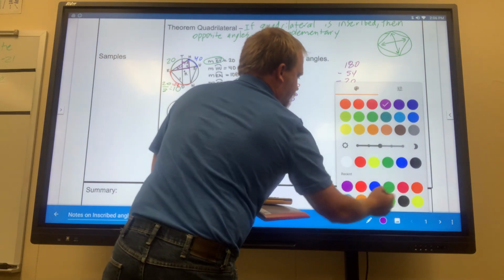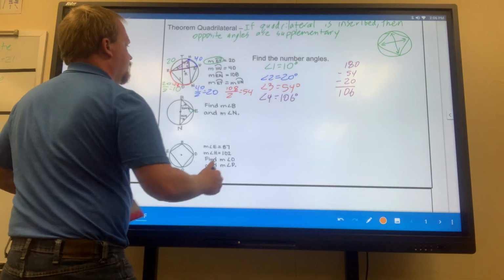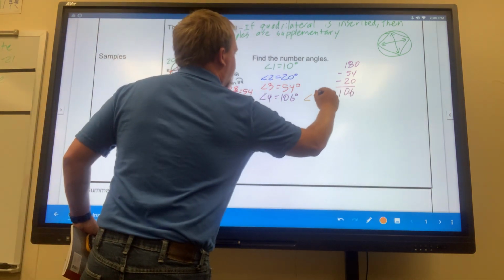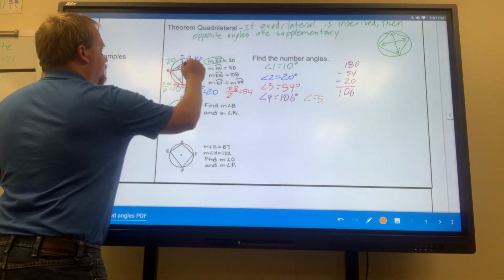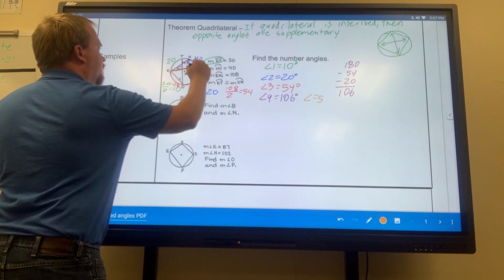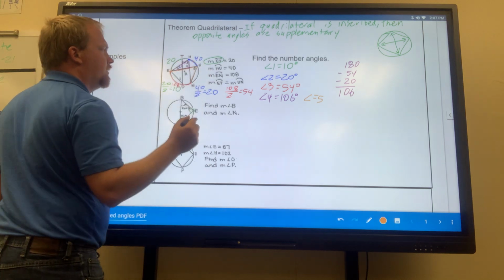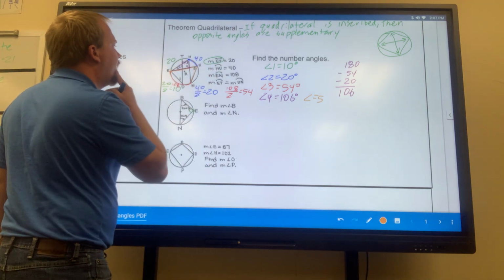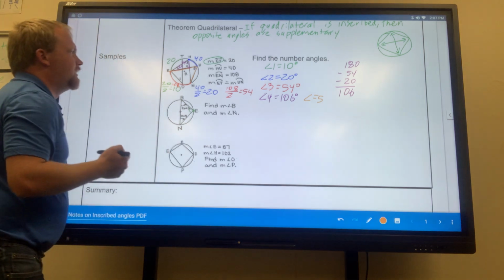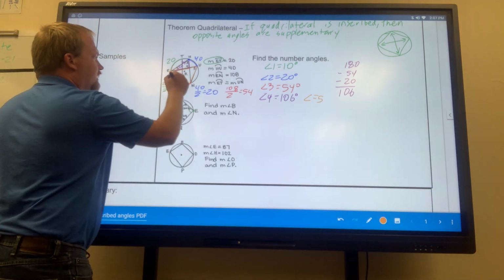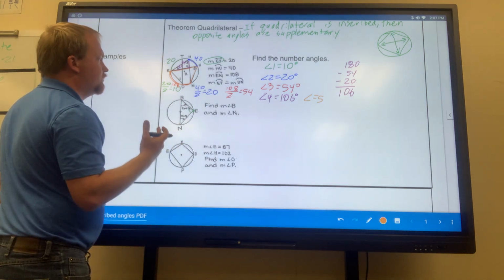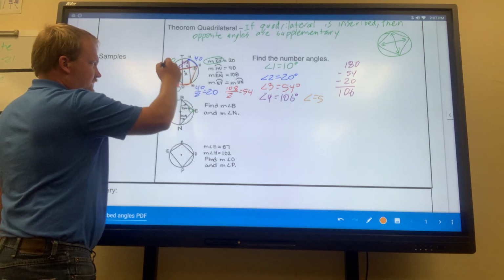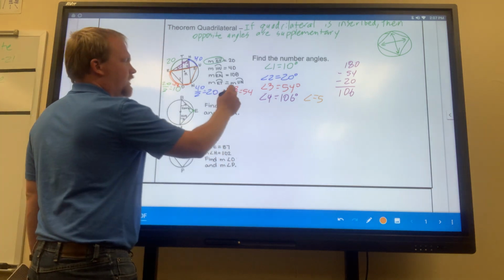Now the last angle is angle 5, and I'm going to write it right here. Angle 5 happens to be at E and N. Oh, but looky here, this is at E, N. So we know that EN is 108.